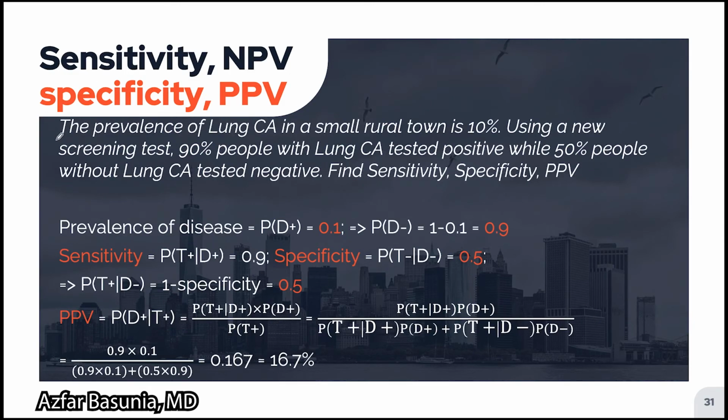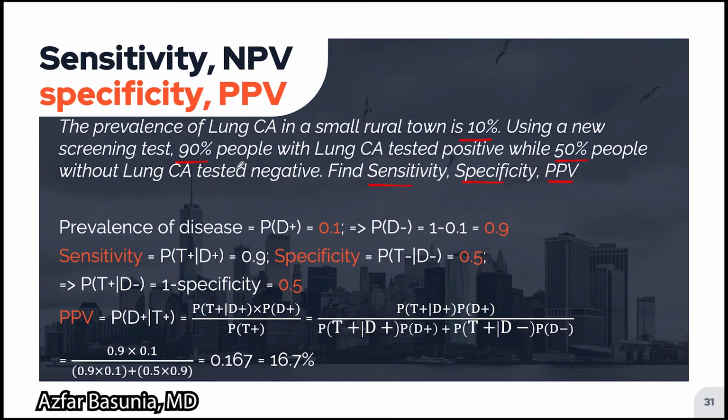Here is an example that we have previously encountered in the section on sensitivity, specificity, positive and negative predictive values. Suppose the prevalence of lung cancer in a small town is 10%. Using a new screening test, 90% of the people with lung cancer tested positive, while 50% of the people without lung cancer tested negative. The question asks us to find the sensitivity, the specificity, and the positive predictive value.